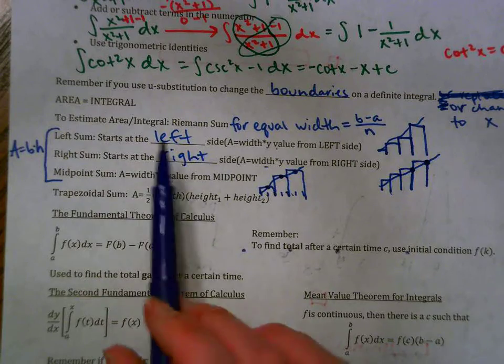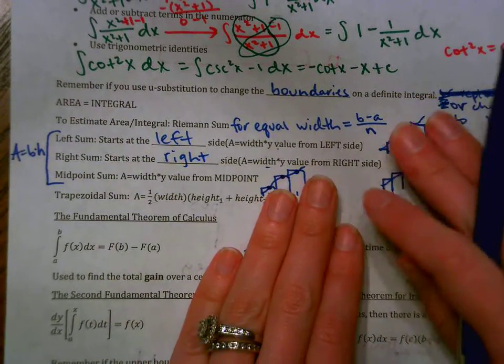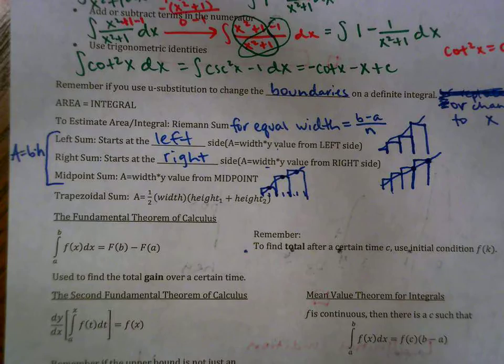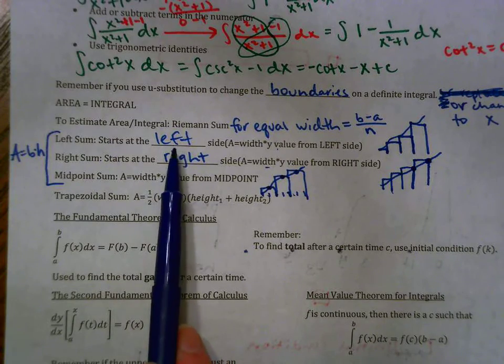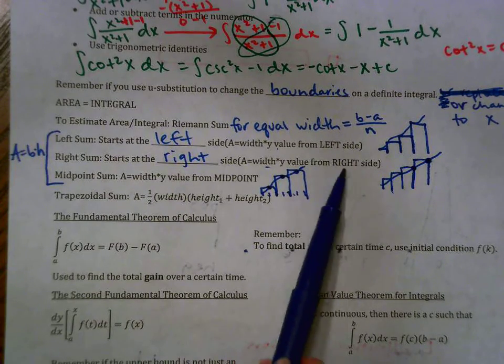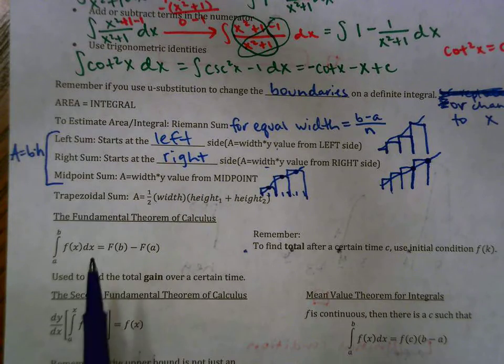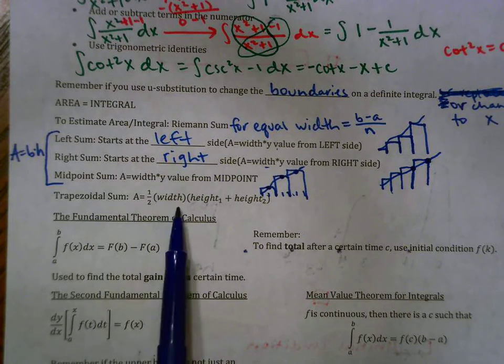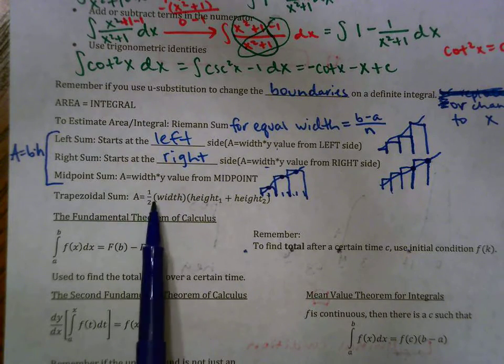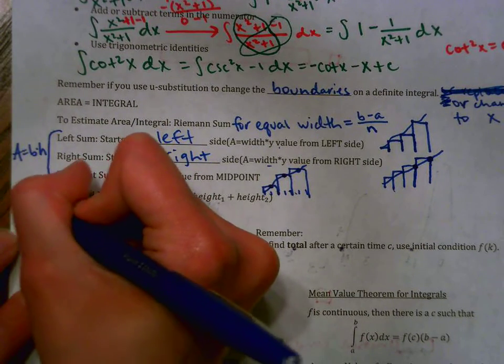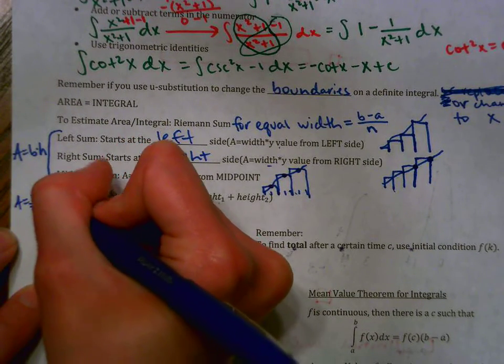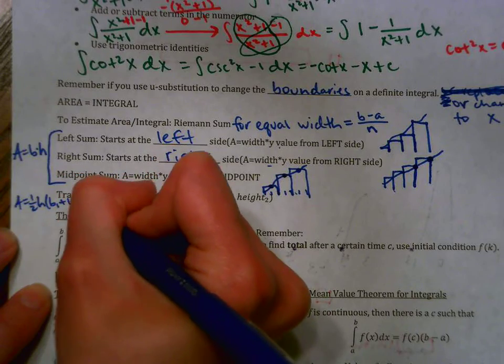And normally these are tables, so sometimes drawing it makes it almost more confusing. On a table it'll be easier because you just use the left y value or the right y value or the middle y value. Or if it's trapezoid sum, you use the formula for a trapezoid, which is 1/2 height times base 1 plus base 2.